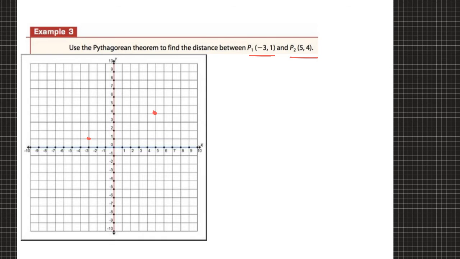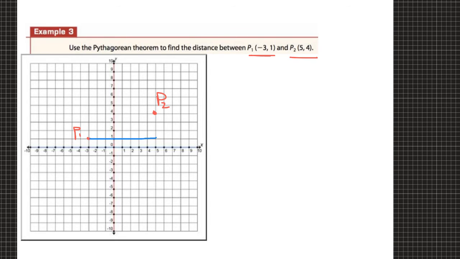Now we'll have something called the distance formula that you're going to see in just a second, but I want you to understand that the distance formula was derived by using right triangles. And I'm going to show you why. So we'll call this P1 and this was called P2. So if we look at this as a triangle, to move from P1 over to P2, I'm going to go over this many.